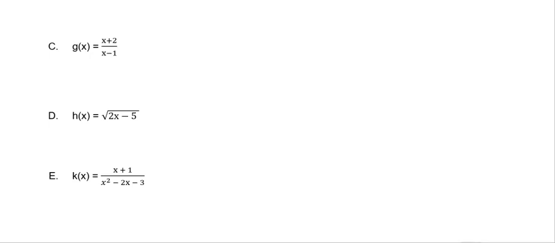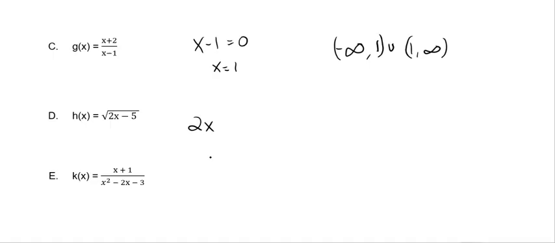What's the domain? For C, I set the denominator to 0 and solve, and I leave that out. So the domain is, in interval notation, everything but 1, and that's what it looks like. This one, I just take whatever's under there and make an inequality out of it.